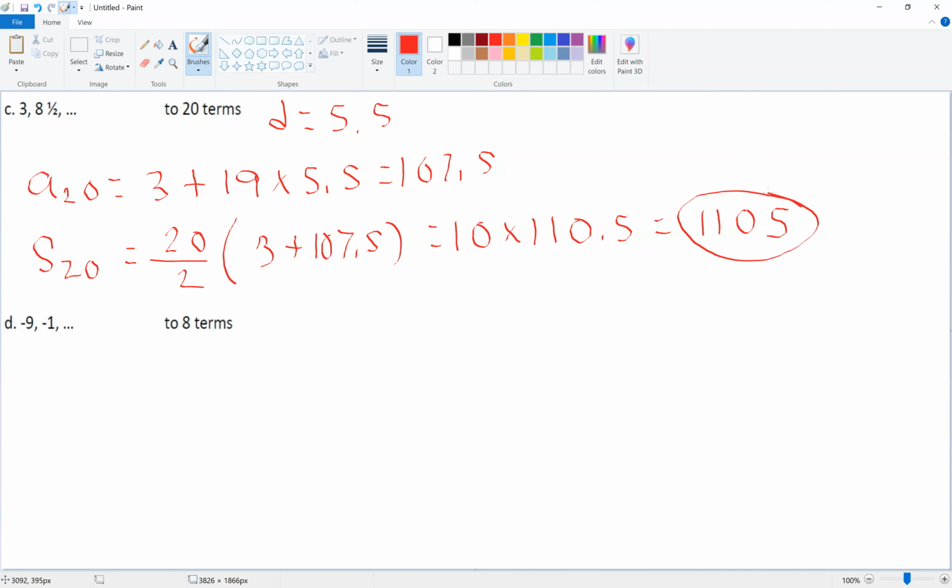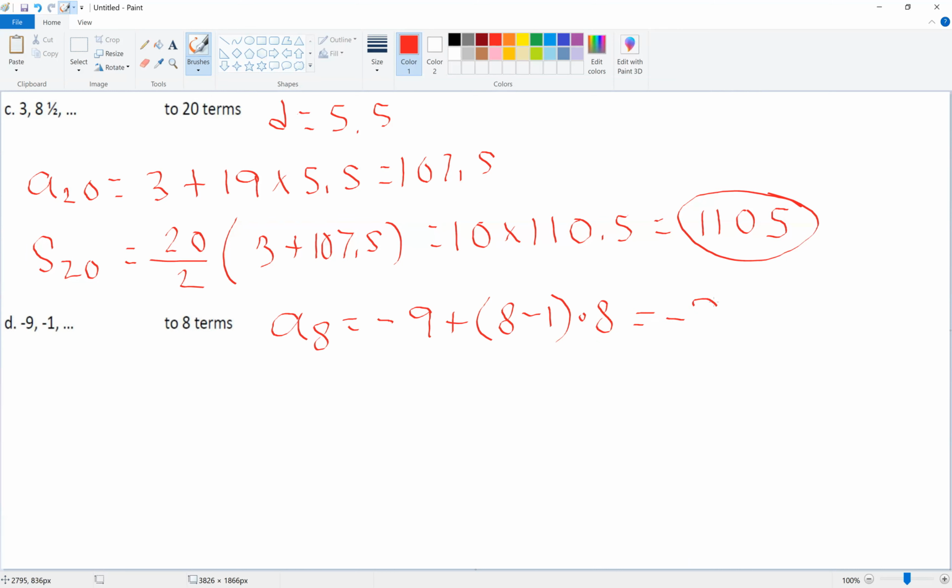So to solve for the 8th term, I did a of 8 equals negative 9 plus 8 minus 1 times 8. So you found the a8, right? Yeah.